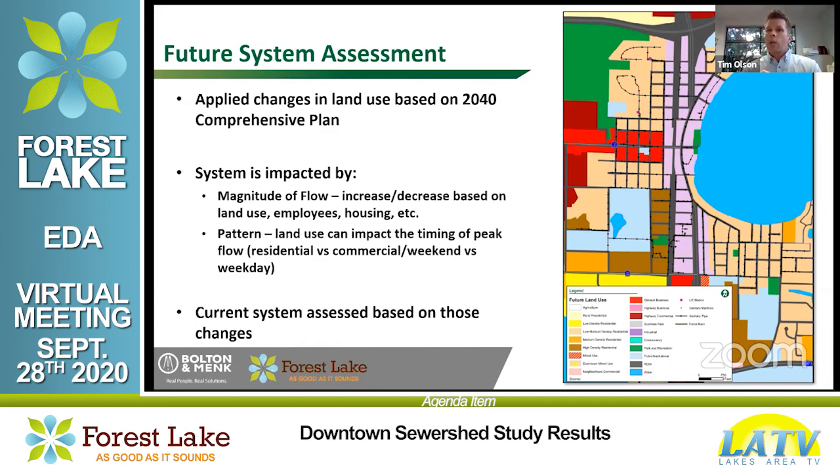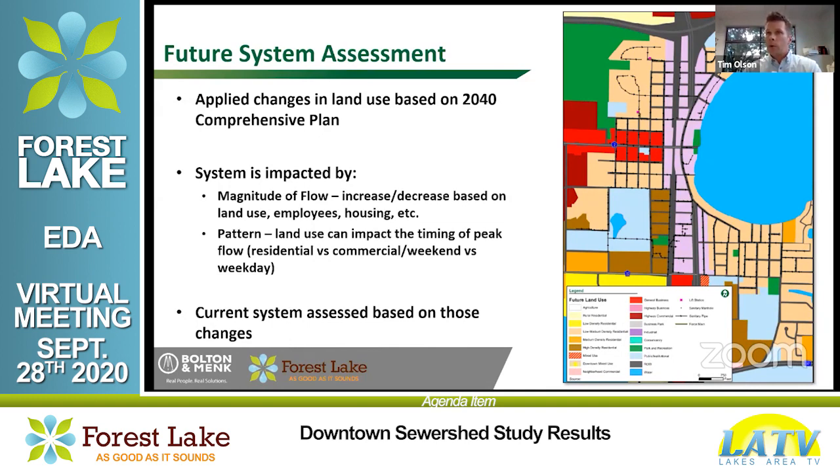And then we can apply the 2040 land use scenarios, or really any number of land use change scenarios, to analyze the system under the current pipe size, but future flow conditions. And when we change land use, we have the potential to not only change the magnitude of flow, that is, it could increase or decrease based on land uses, employees, housing, et cetera, but also the pattern.